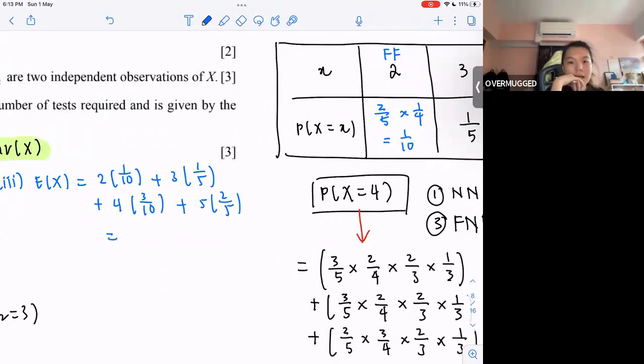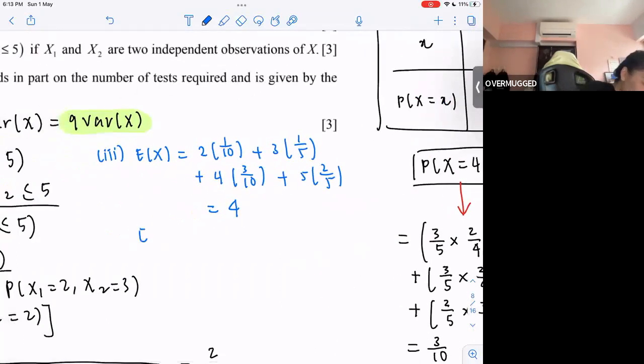Go and calculate this out. You should actually get a 4. Then to find your variance, you have to find the expectation of X squared, right? This should be second nature to you by now. So it will be all this, right?